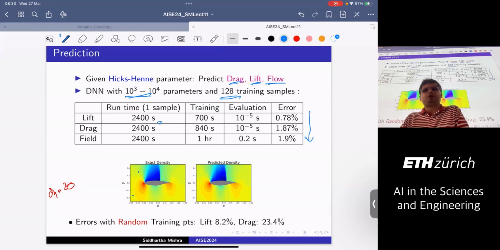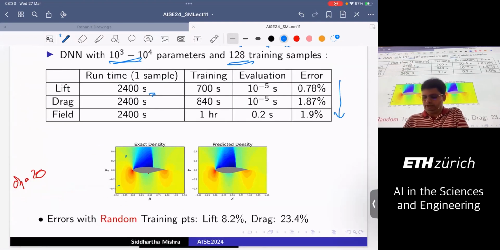It took approximately an hour, okay? Whether you took the lift or the drag or the whole field, it took approximately an hour. And the point is that you got very, very low errors, which is good. This also looks quite okay. Not exact, as you can see, this region is not completely well resolved, but of course, this is an approximation. This is where the 1% error comes from.